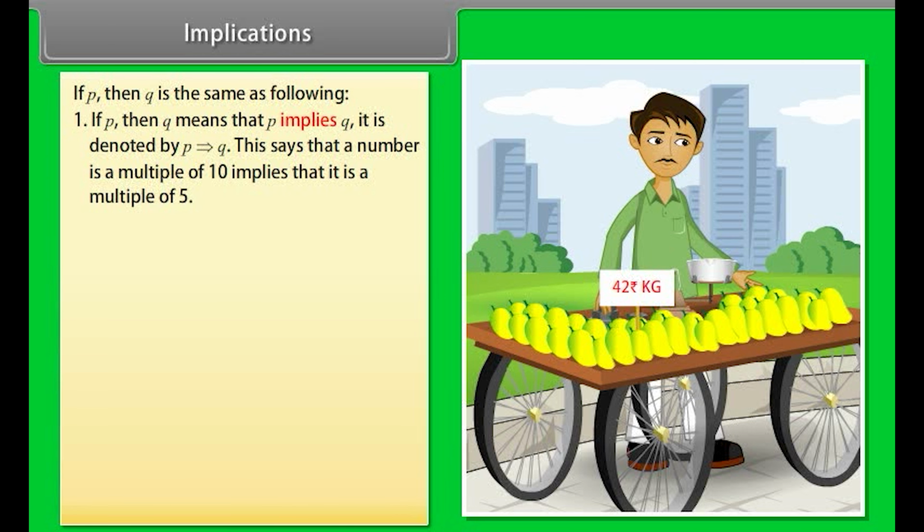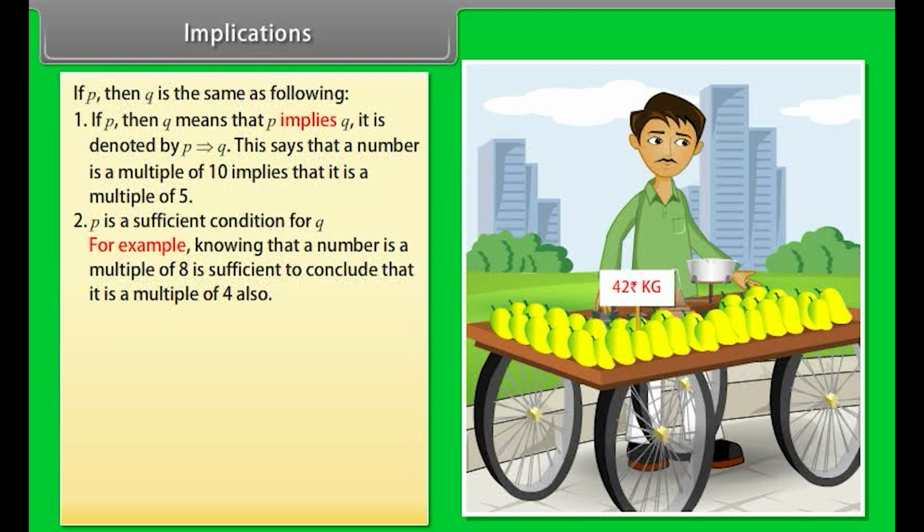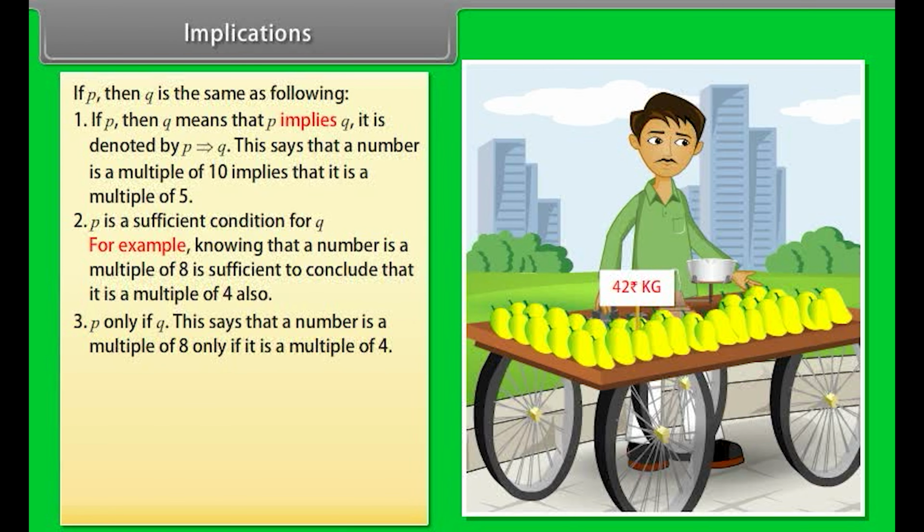This says that a number is a multiple of 10 implies that it is a multiple of 5. P is a sufficient condition for Q. For example, knowing that a number is a multiple of 8 is sufficient to conclude that it is a multiple of 4 also. P only if Q. This says that a number is a multiple of 8 only if it is a multiple of 4.